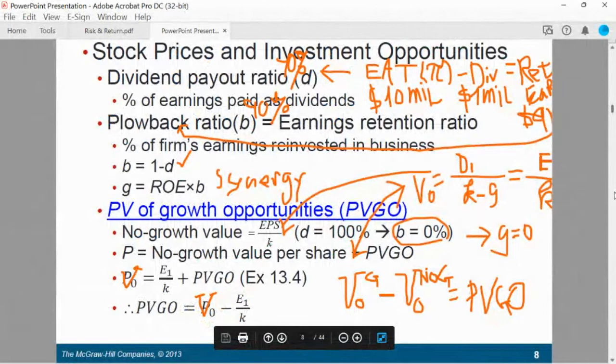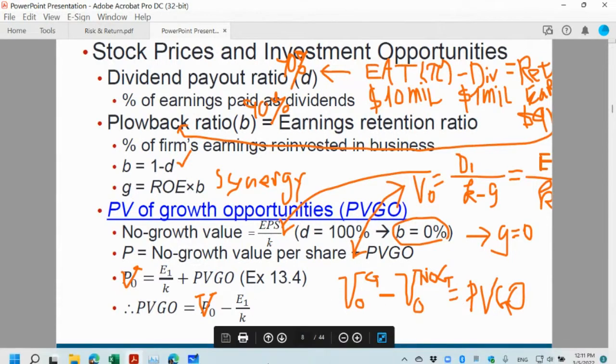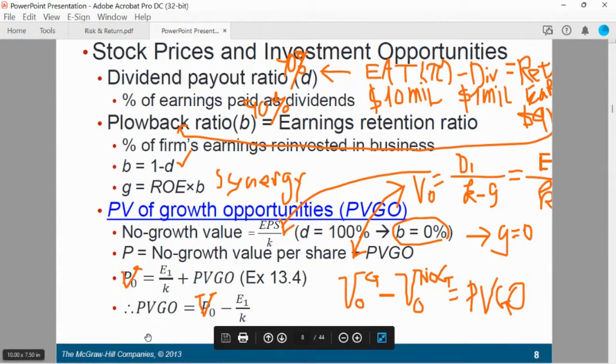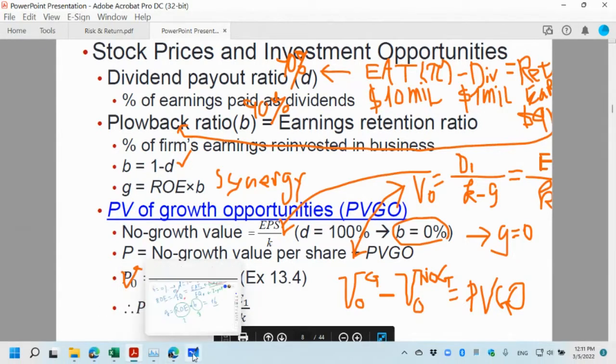So that brings us to what we already understand, because of this growth potential, right?